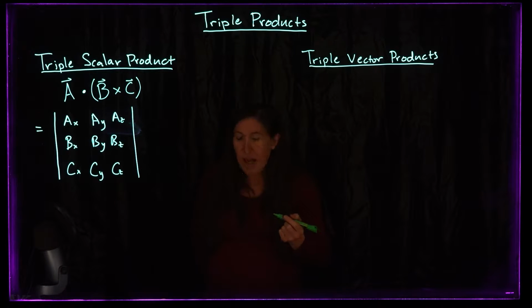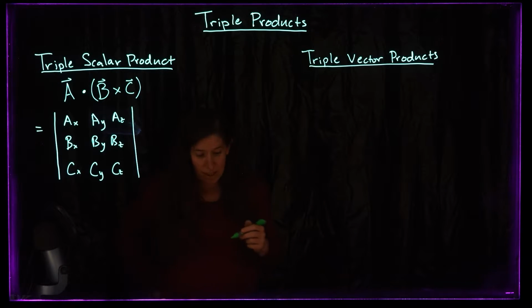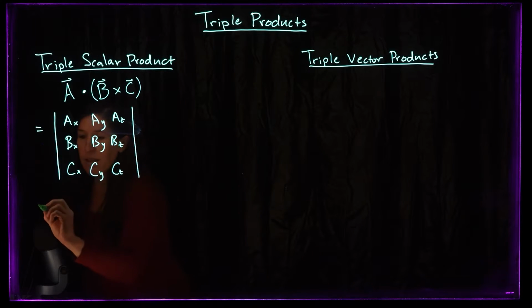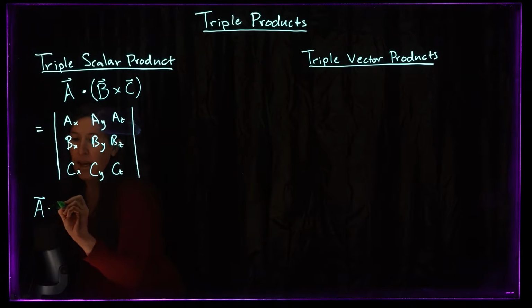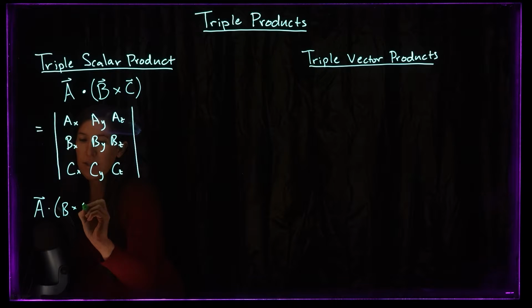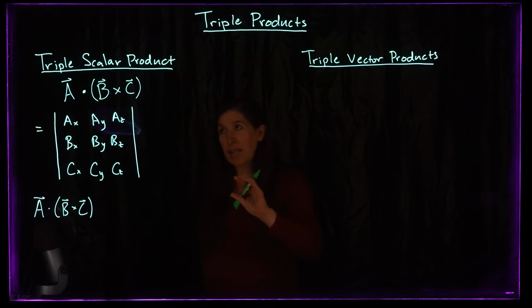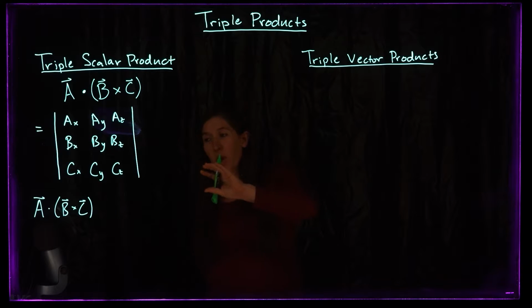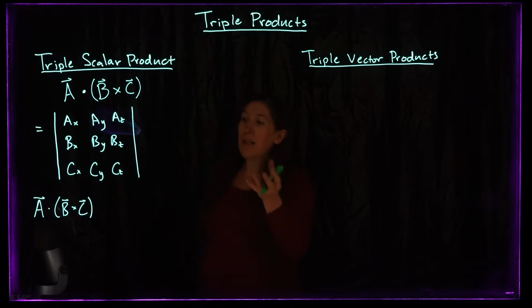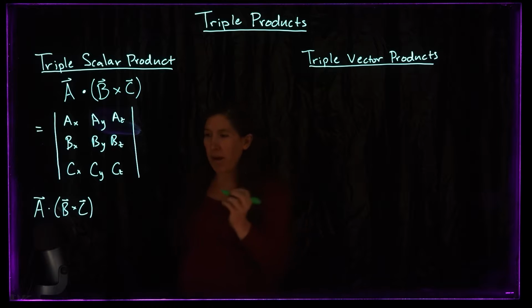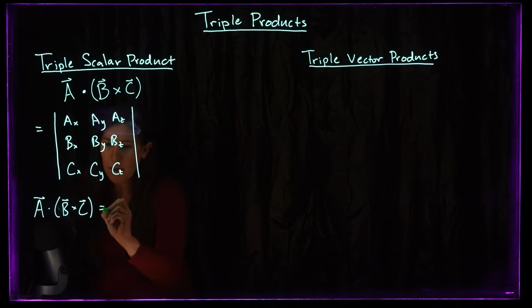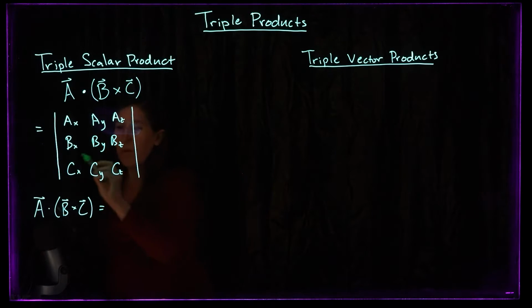A handy identity that you might want to use is the fact that if we consider A dot B cross C, it turns out that this is equivalent to the triple scalar product where we've cyclically permuted through the three vectors. So what do I mean by that? So I'm just going to permute through these.